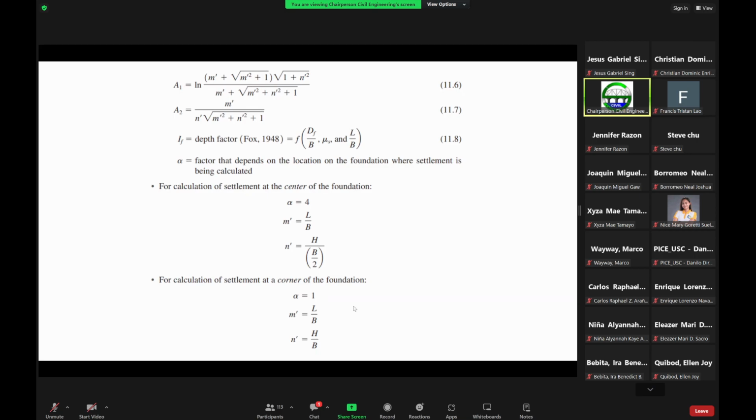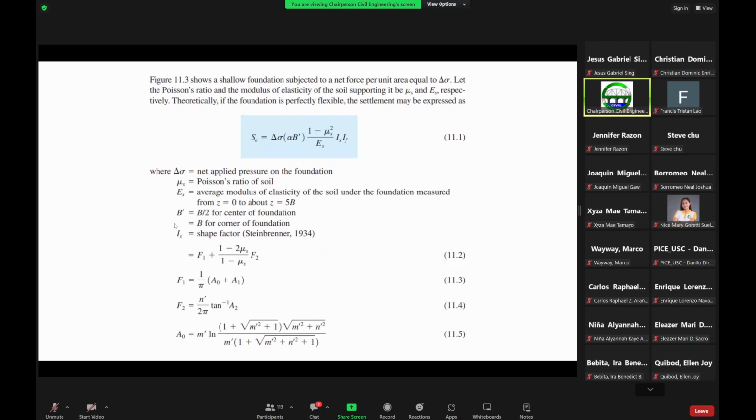Take note of b over 2 and b, which is the same for b prime. So we have b over 2 at the center of the foundation, then b at the corner of the foundation, depending on which part of the foundation you are trying to calculate the settlement for.